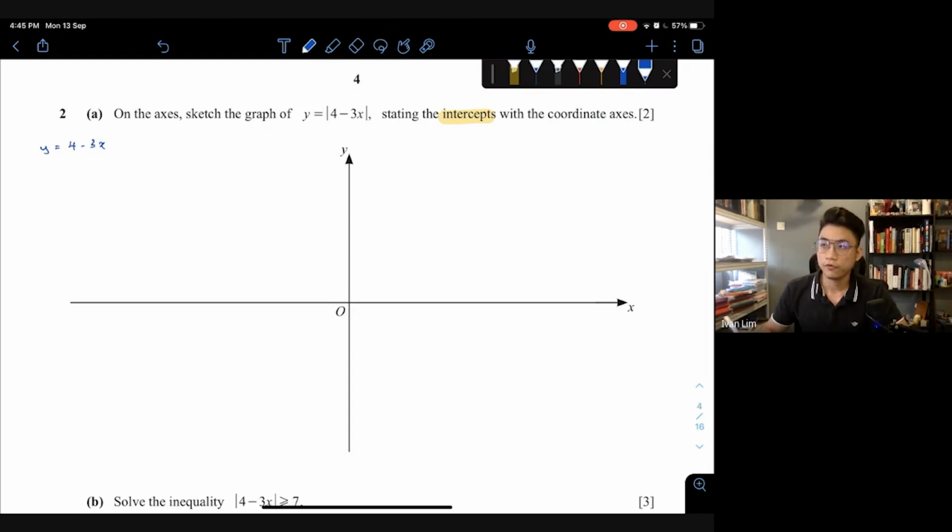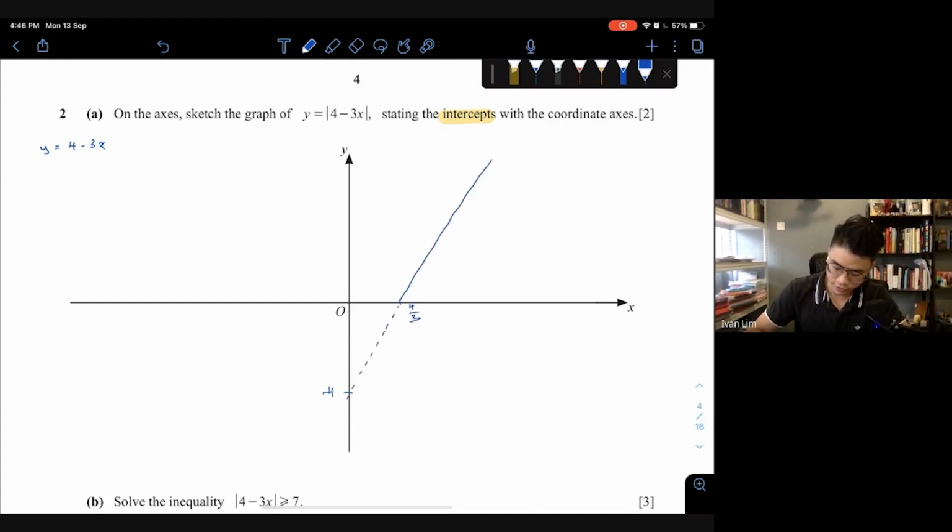So what we want to find is your x-intercept and y-intercept. If you draw the original one, it will be -4, then 4 over 3. I'll just draw it dotted.